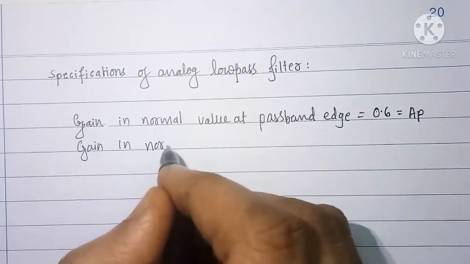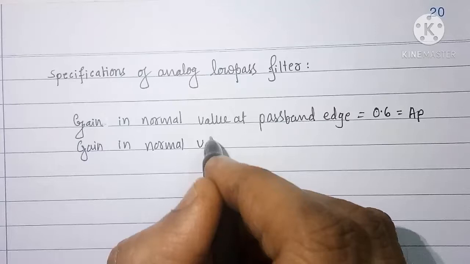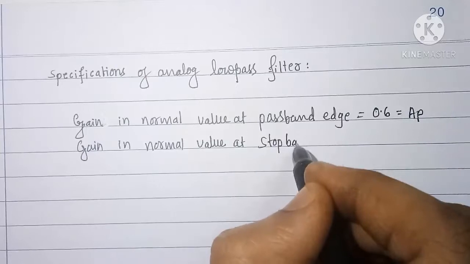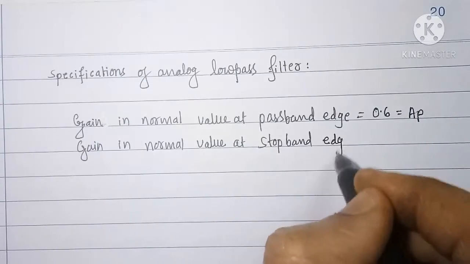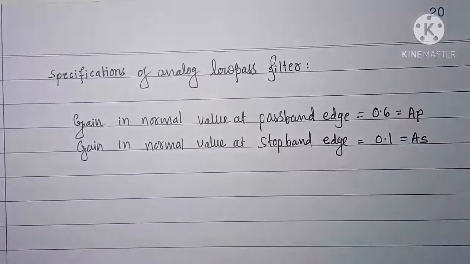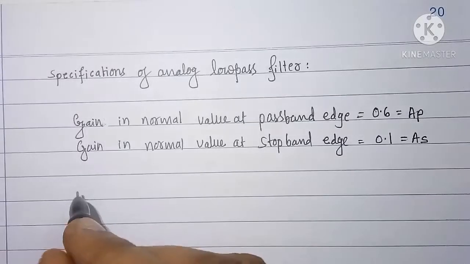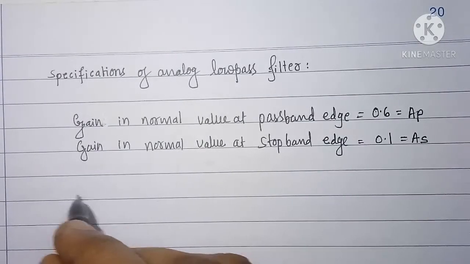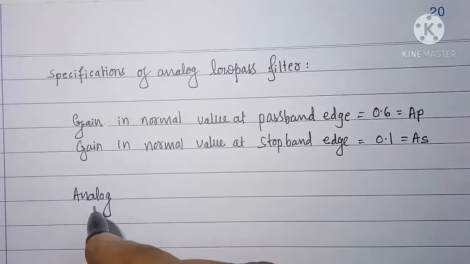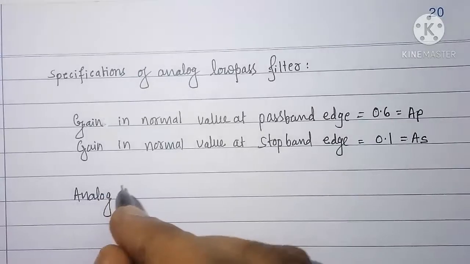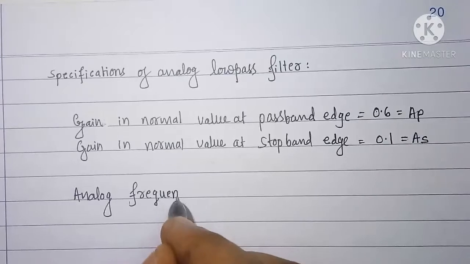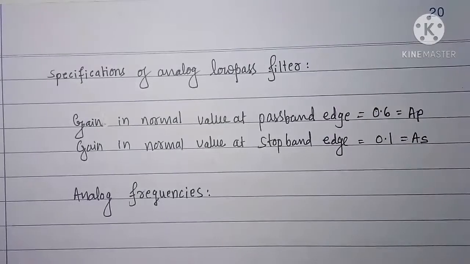Gain in normal value at stop band edge is equal to 0.1, and this is nothing but AS. Now we'll write analog frequencies.